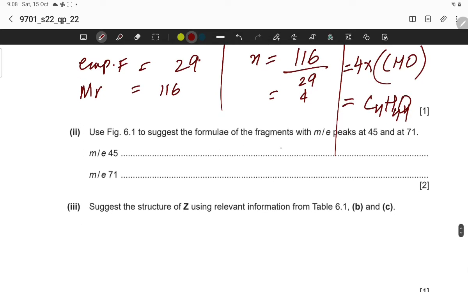Use this to suggest the formula of the fragments with m/e at 45 and 71.